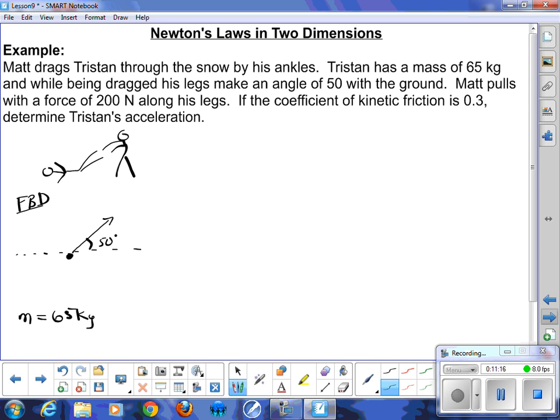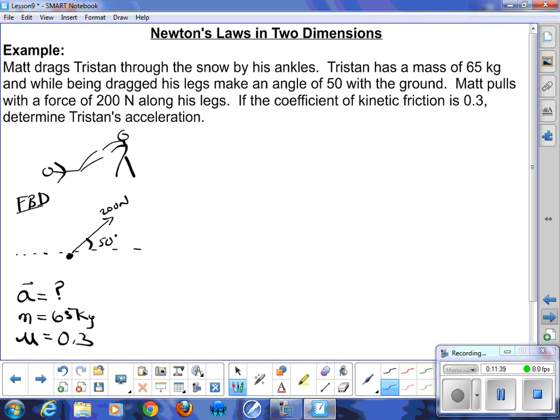We know the force applied here is 200 newtons, so that's how hard Matt is pulling this individual. Coefficient of friction is 0.3, and we want to find acceleration. So what is the acceleration of this poor person being dragged along?